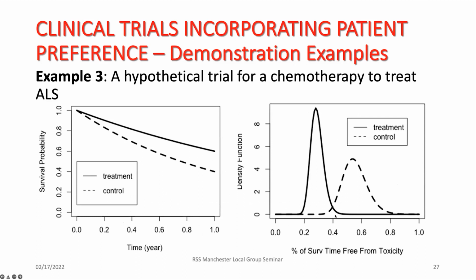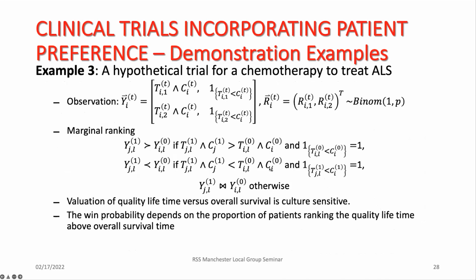These are the proportion of the time with good quality of life among the lifetime. And if we have this scenario, then our endpoint becomes survival time or censor time and the survival indicator. And there you can still rank between the two.